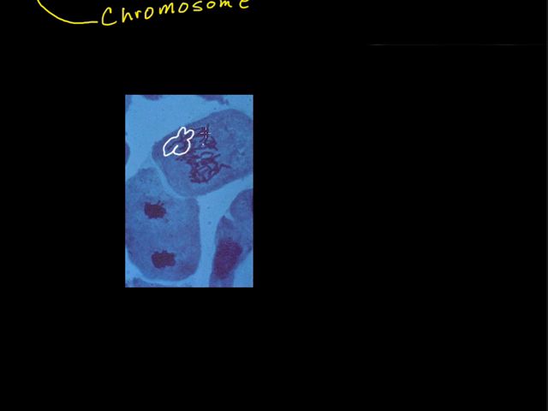Again, they have to be condensed down to this form so that when they get pulled to either end of the cell, as we can see has already happened in this cell that's next to it, they don't become tangled and broken off and basically lose part of the owner's manual. And so when this cell later divides in half right in the middle, each will have in its nucleus a full copy of the owner's manual.